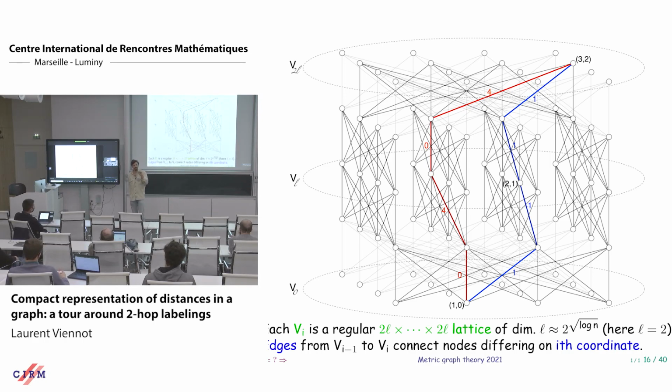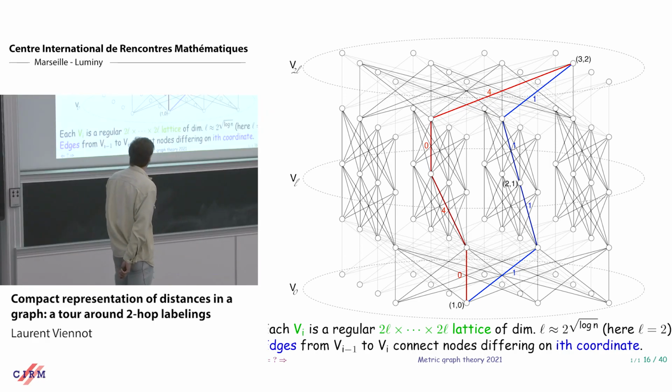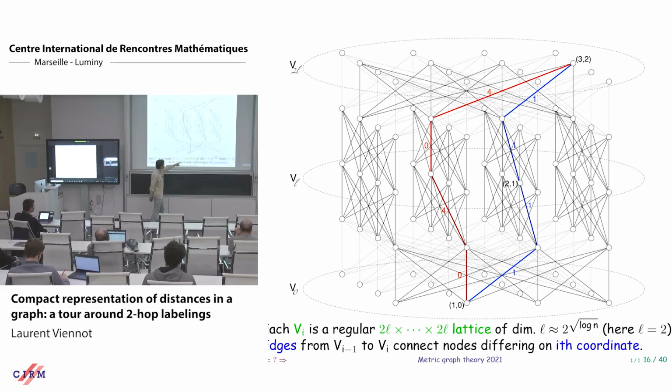The length of the edge is the variation in the coordinate squared. If you move by x, the length of the edge is x squared. If I want to go from (1,0) to (3,2), here L equals 2, because I cannot draw higher dimension, and already it was a bit hard. Here I have highlighted two paths, the blue and the red.